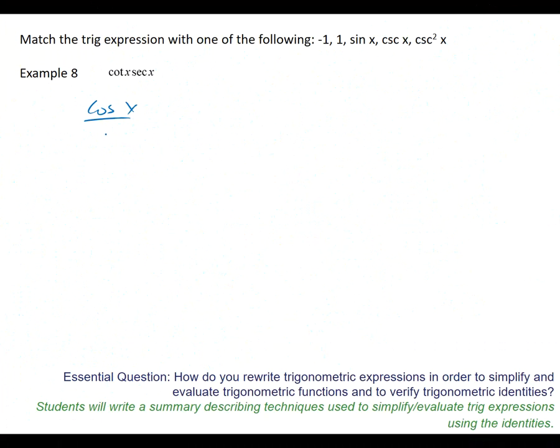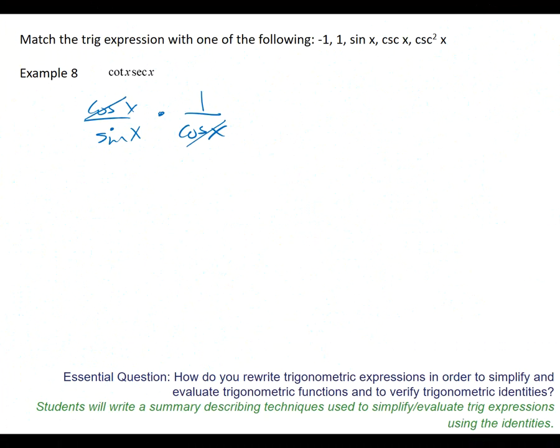Cosine over sine. Good. Okay. What's another name for secant? 1 over cosine. Now what happens? It's kind of like doing those factoring of polynomials, right?